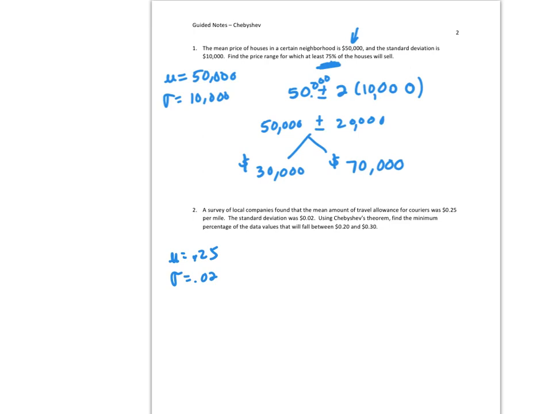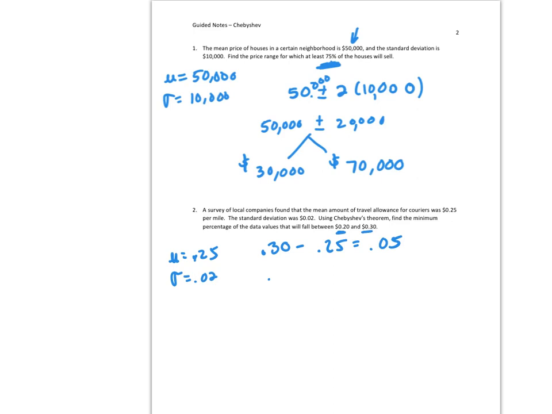Well, we need to find that difference. 30 cents minus 25 cents is 0.05. So we know the lower value and the upper value. We're finding the difference, and now we're going to divide that by the standard deviation.